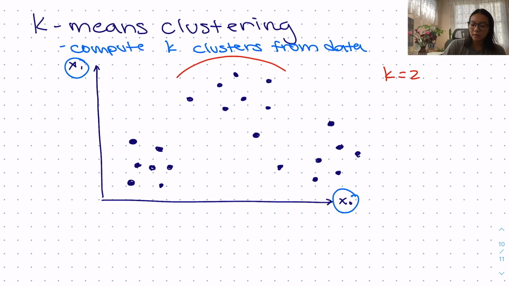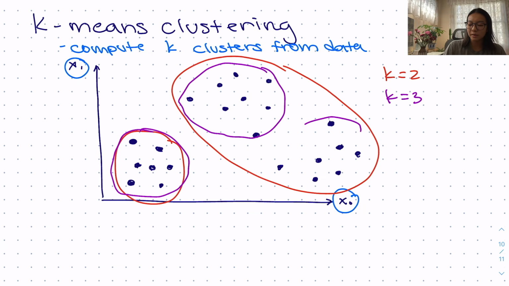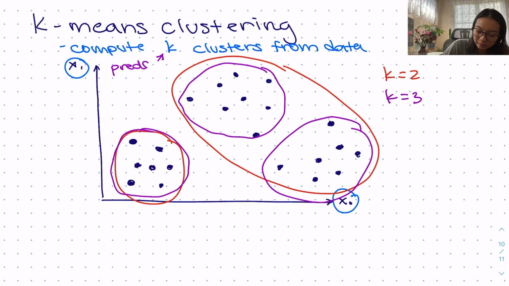Then this seems like it could be one cluster, but this here is also another cluster. If we have k equals 3, then this seems like a cluster, this seems like a cluster, and maybe this could be a cluster. So we could have 3 different clusters in the data set. Now this k here is predefined by the person who's running the model. So that would be you.